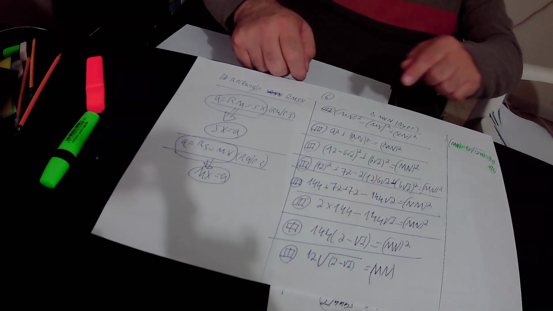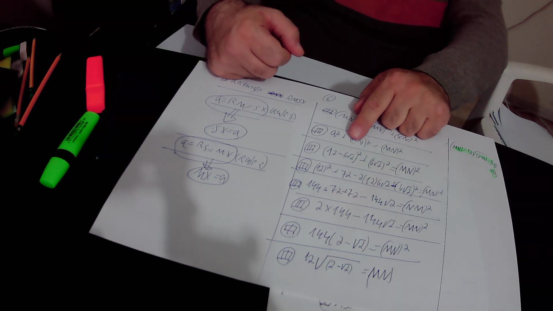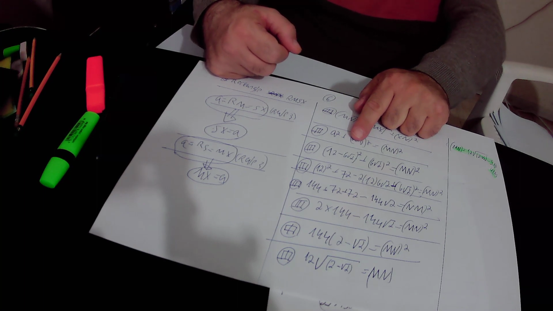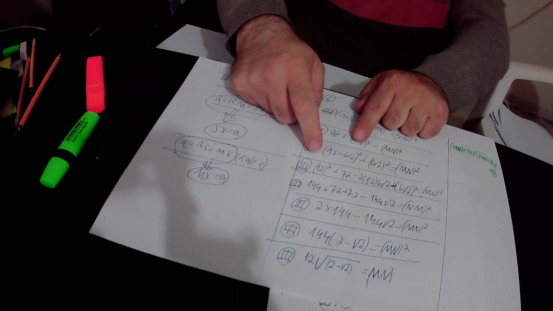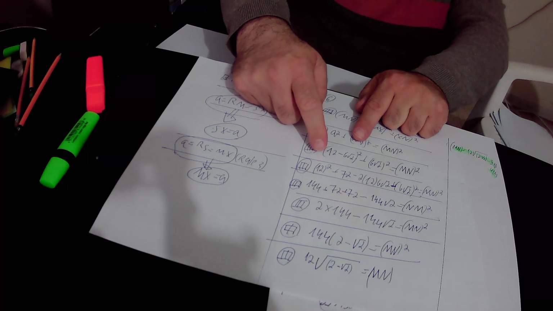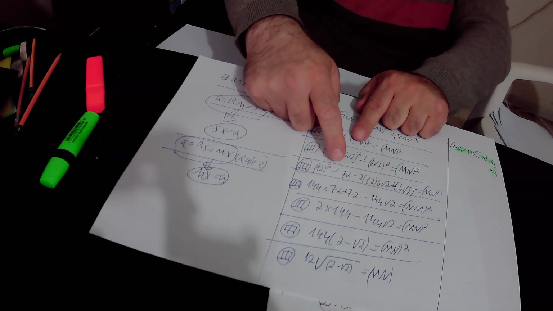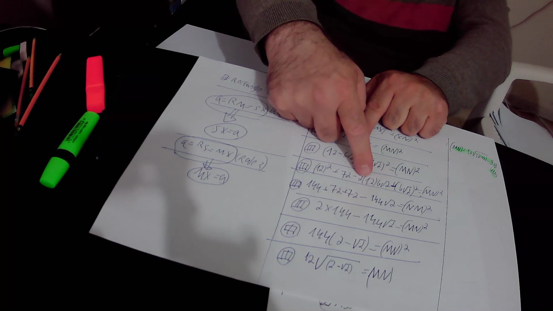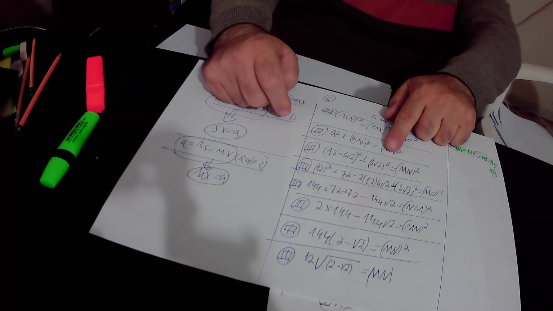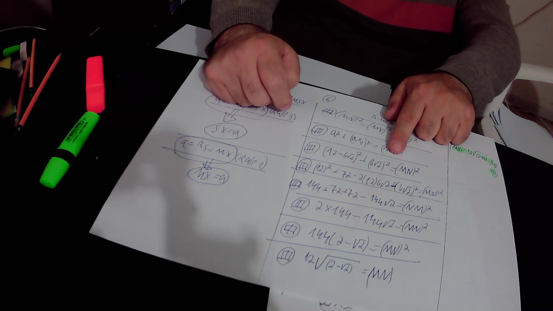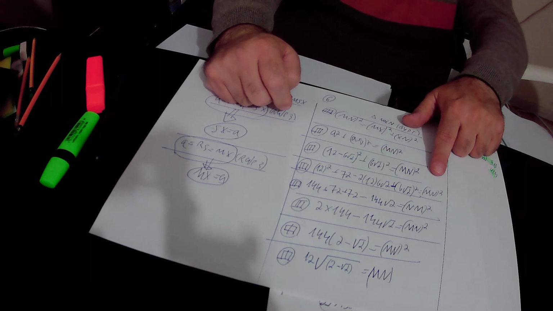We open the brackets here. 12 minus 6 times square root of 2 squared is 12 square, plus 6 times square root of 2 squared, that is 72, minus 2 times 12 times 6 times square root of 2, plus 6 times square root of 2 squared, that equals MN square.